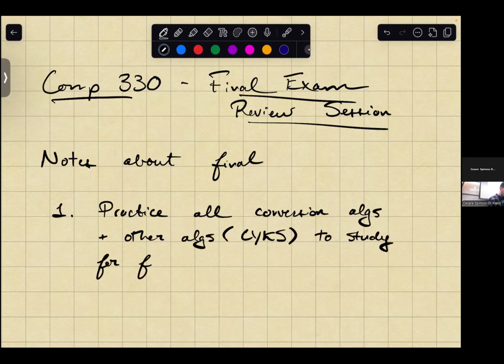There will be a good number of questions that ask you to run algorithms by hand, so it's very important for you to remember how to do this. Honestly, if you just do one or two, then it'll be good enough. This is really to improve your muscle memory when it comes to running through the algorithm. Okay, so that's an important thing to note.